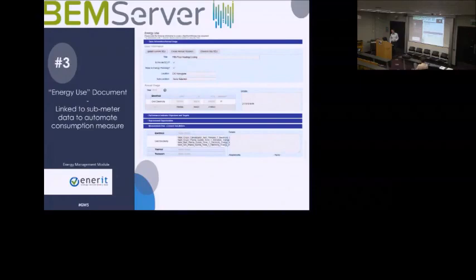So we can link the energy source, using a tag and using meters or meter data, to the energy use, and then that can be automatically populated. So that's basically the process. Then automatically on a monthly basis, the data is pulled in.